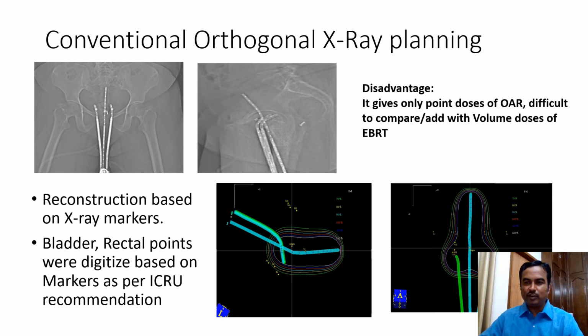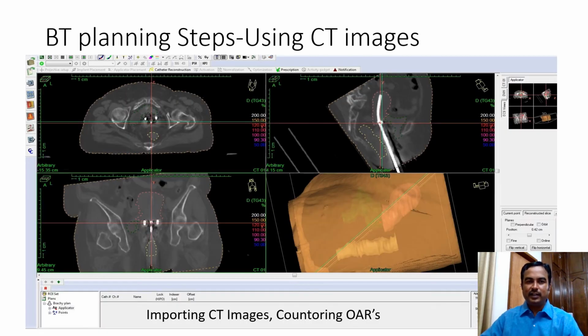So in order to overcome this, later CT-based brachytherapy planning has started. So in CT-based brachytherapy planning, we will be using the CT slices for the reconstruction of the applicator as well as the planning purpose. So I'm just taking you through the process of CT-based brachytherapy planning.